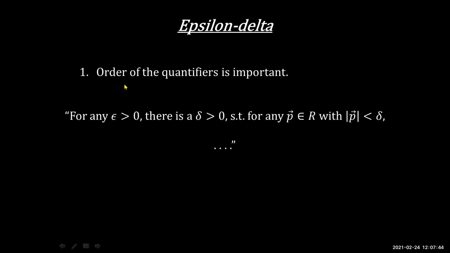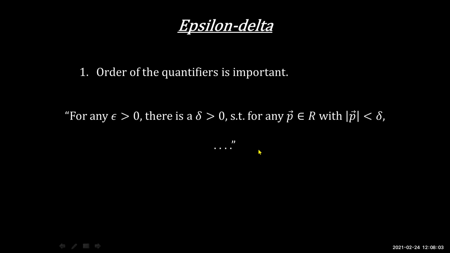So when dealing with the epsilon delta related definition in this topic, it is always necessary not to confuse yourself with the order of the quantifiers. Pay attention to what comes after what. For example, often we see something like, for any epsilon positive, there exists a delta positive such that for any vector p in the domain R with length less than delta, and so on.